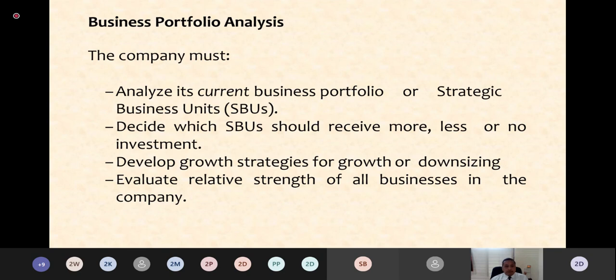So by understanding which strategic business units or product lines should receive more investment, which units require less investment or no investment, which strategic units can be closed, based on their growth potential and market share, we'll have to understand how these strategic business units are important to the organization, how many units are contributing more, and on the basis of that, how much investment needs to be done on each strategic business unit.